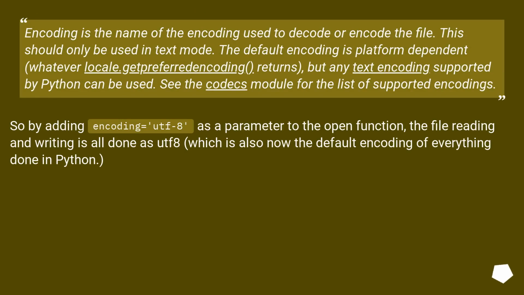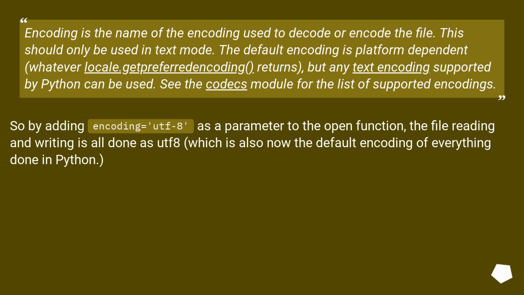Encoding is the name of the encoding used to decode or encode the file. This should only be used in text mode. The default encoding is platform dependent, whatever locale.getpreferredencoding returns, but any text encoding supported by Python can be used. See the codecs module for the list of supported encodings.